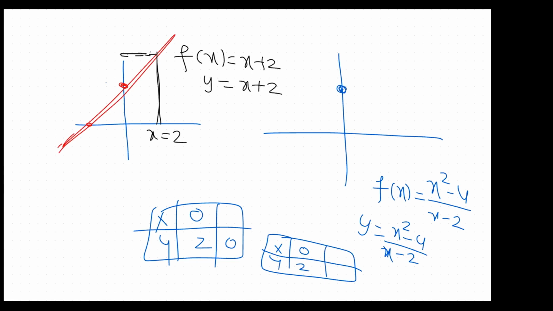Next, if I keep x 1, ma, 3. x 1 means 3 will come, right? Where will it come? 1, 3.